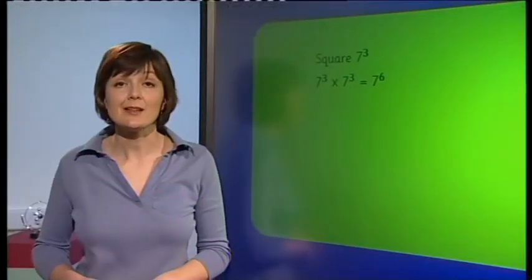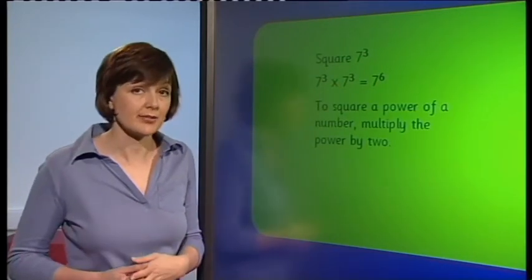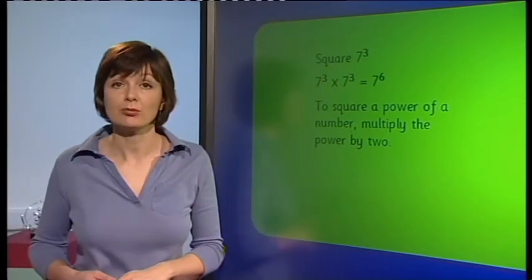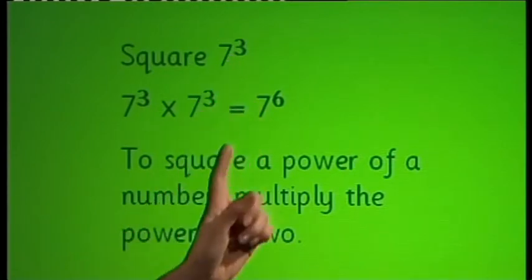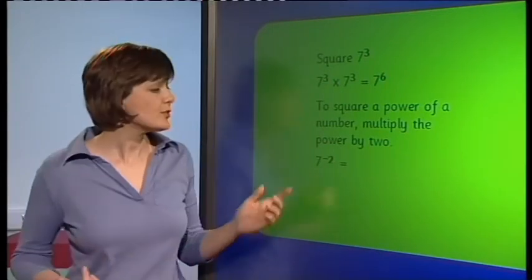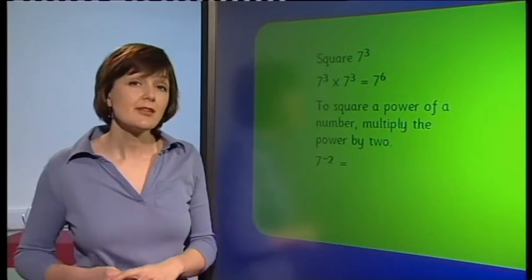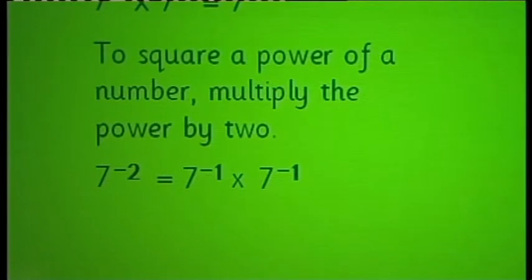But there's an easier way of getting this, because to square a power of a number, you multiply that power by 2. 2 times 3 gives 6. Now how does that help us with 7 to the power negative 2, say? Well, 7 to the power negative 2 must be 7 to the power negative 1 times itself.